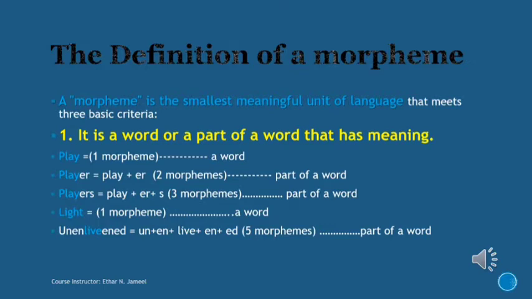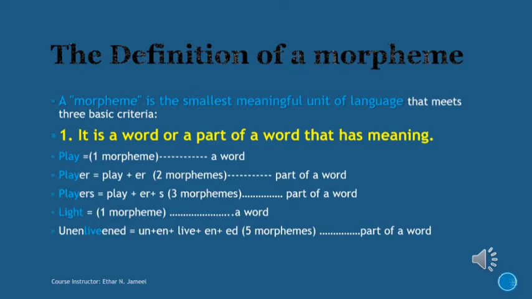Each one has meaning. Let's consider the word players. We have play plus er plus s. So we have three morphemes. Each one of these three morphemes has meaning. Play has a meaning, er has a meaning, and s has a meaning.